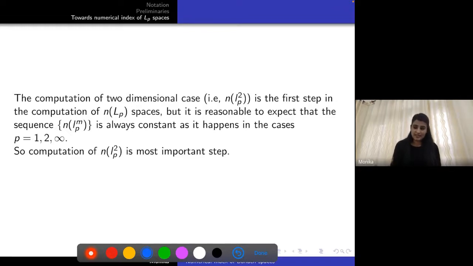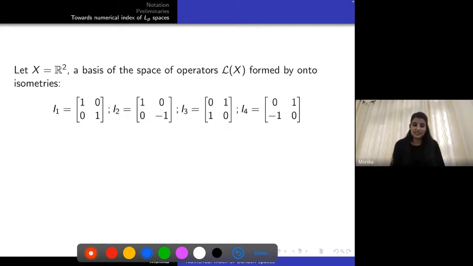Okay, so let's move a little bit towards that. We are considering X as R^2, and I1, I2, I3, I4 are the onto isometries which form a basis for the space of bounded linear operators on X. Just to recall, M_p, which we discussed two or three slides back, is the numerical radius of this I4 matrix.